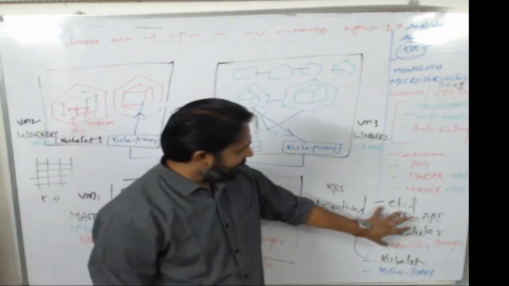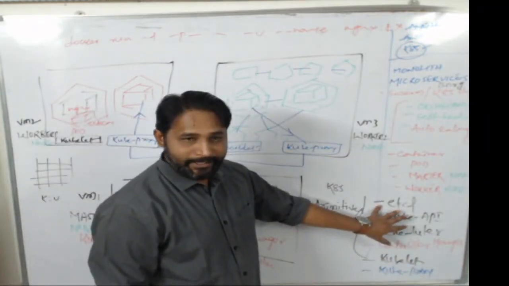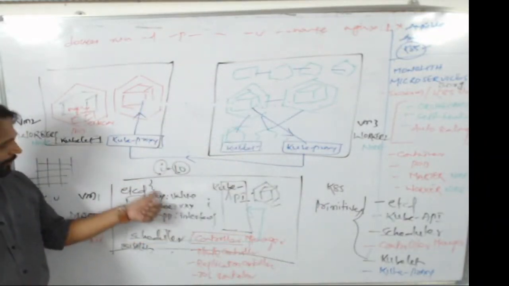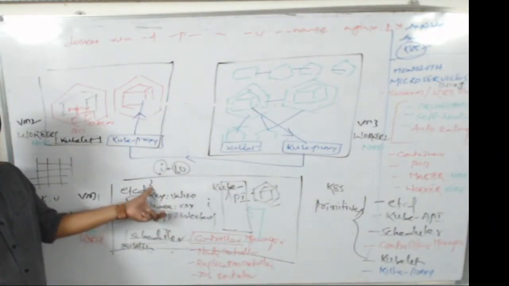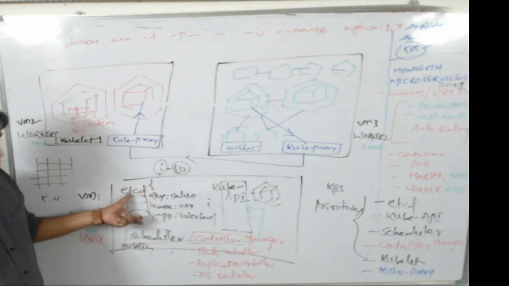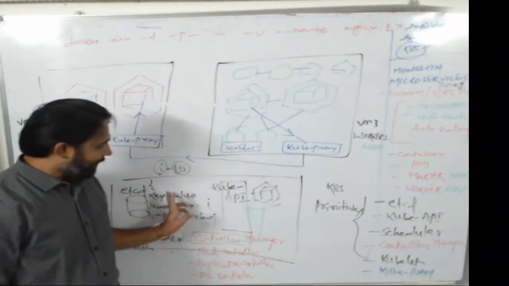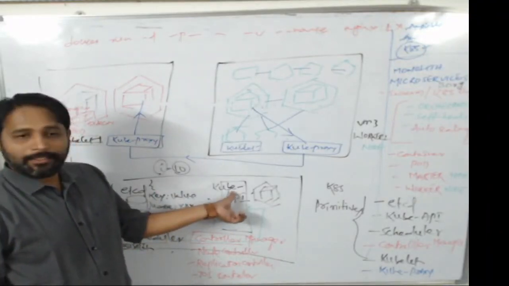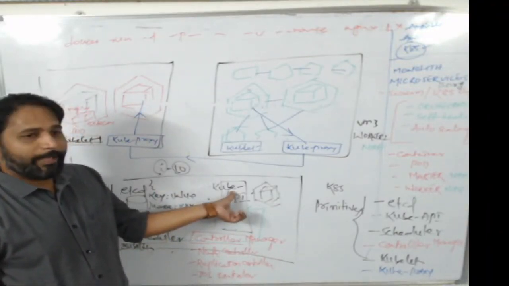What are those primitives? etcd, that's the database. What kind of database it is? Key values. And most of the times they are stored in JSON format. So when you query etcd, it will return values in JSON format. Alright? And the way you query etcd or talk to etcd is through its gatekeeper, the Kube API.